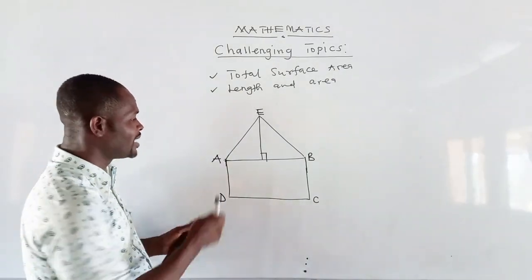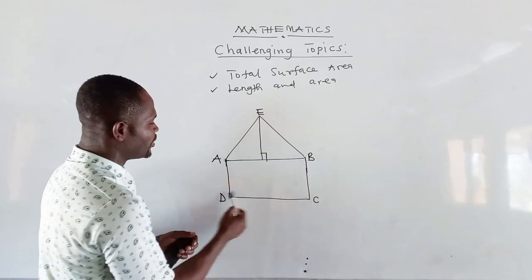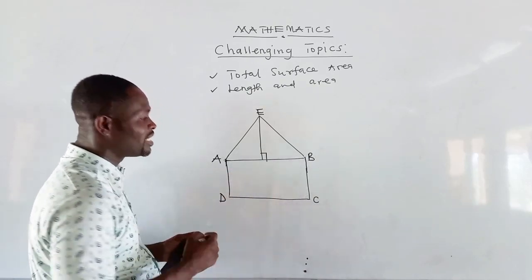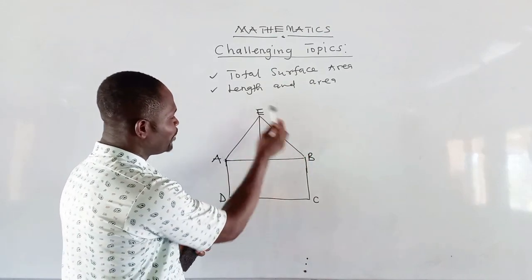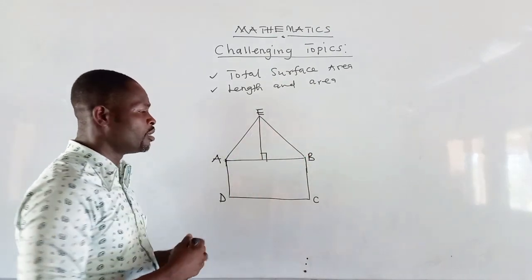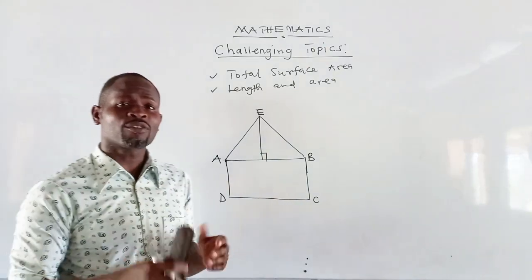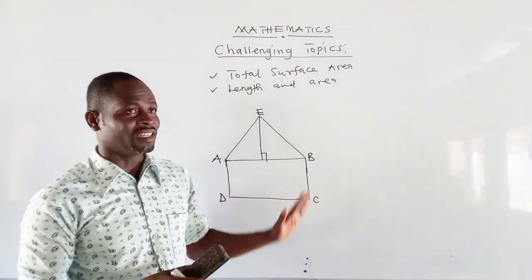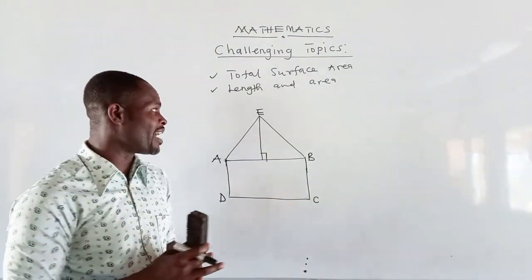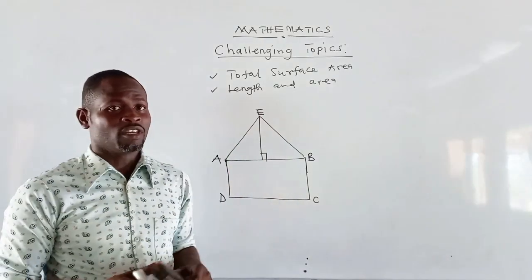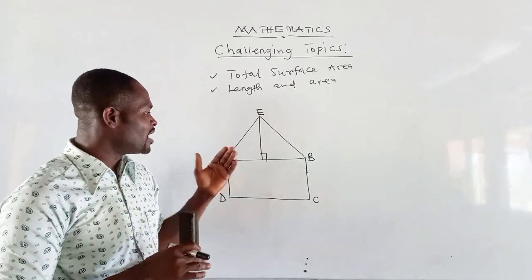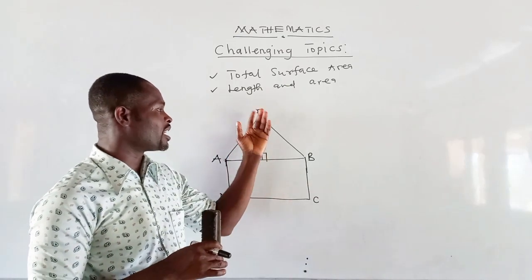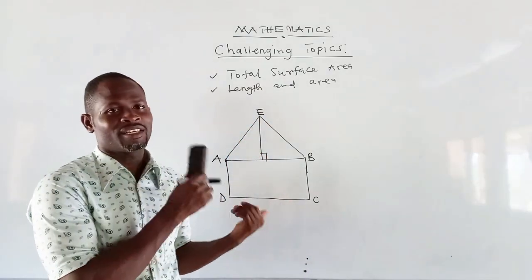Do you realize that the ABCD is a rectangle, and the AEB is a triangle? So first we have to know how to find the area of a rectangle and also how to find the area of a triangle. We are going to start with finding the area of a rectangle and the area of a triangle before we come back to this one.